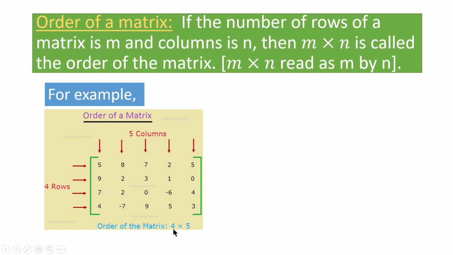That means after multiplying 4 and 5 we get 20, and the entries of the matrix will also be 20. By counting we get 1, 2, 3, 4, 5, 6, 7, 8, 9, 10, 11, 12, 13, 14, 15, 16, 17, 18, 19, 20. Clear?